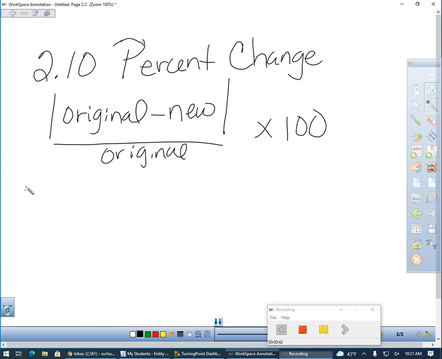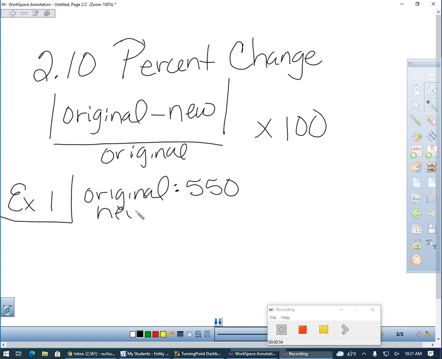All right, so here's example number 1. They're going to tell you that the original value, let's say, was 550. The new value is 570. I want you to find the percent change.